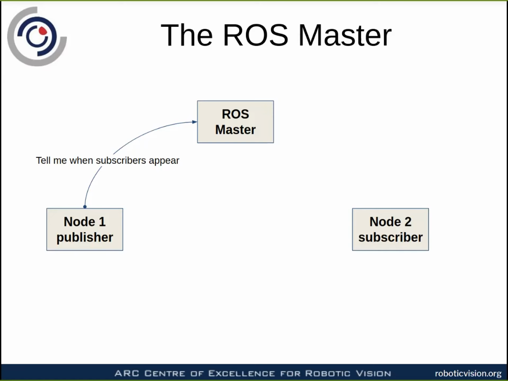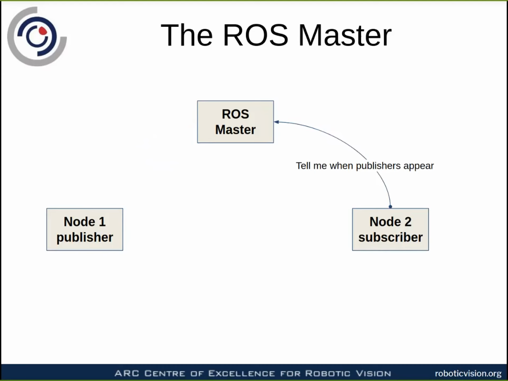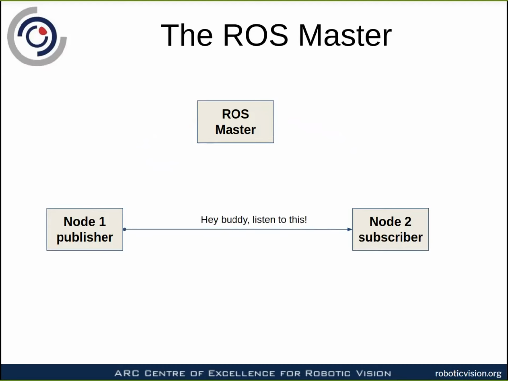I'm interested in subscribing to these topics. So when another node comes online that is also interested in these, it tells them, here's the port number I want you to communicate with. So the same situation here. And then they will start listening, talking to each other. And at this point, they're no longer communicating with the ROS master.